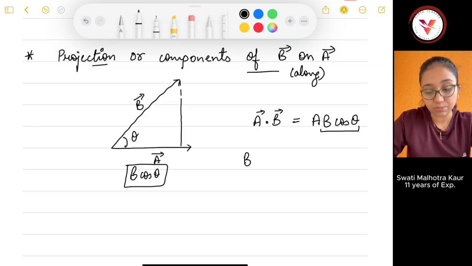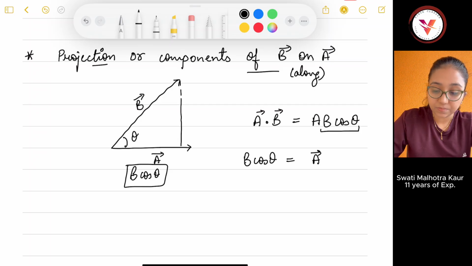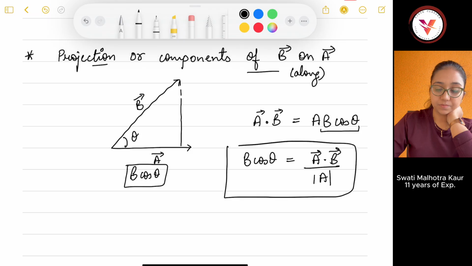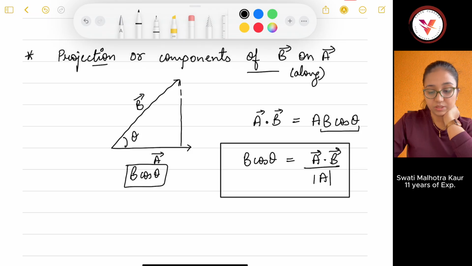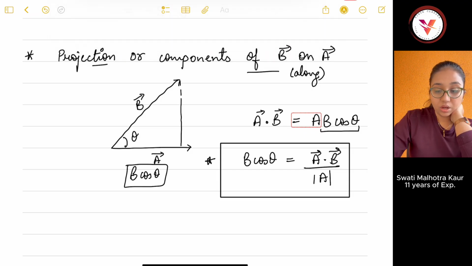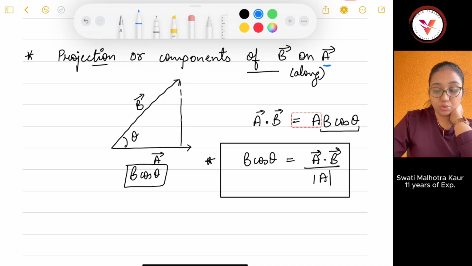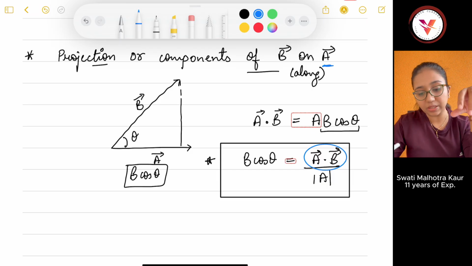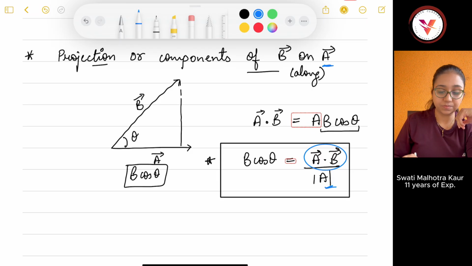So B cos theta, the projection, can be calculated as A dot B over the magnitude of A. Then you will get the projection of B. So this is something important. Always remember that whatever component they are asking along A, you have to calculate A dot B, and whatever the vector is on which you want the projection, take its magnitude in the denominator.